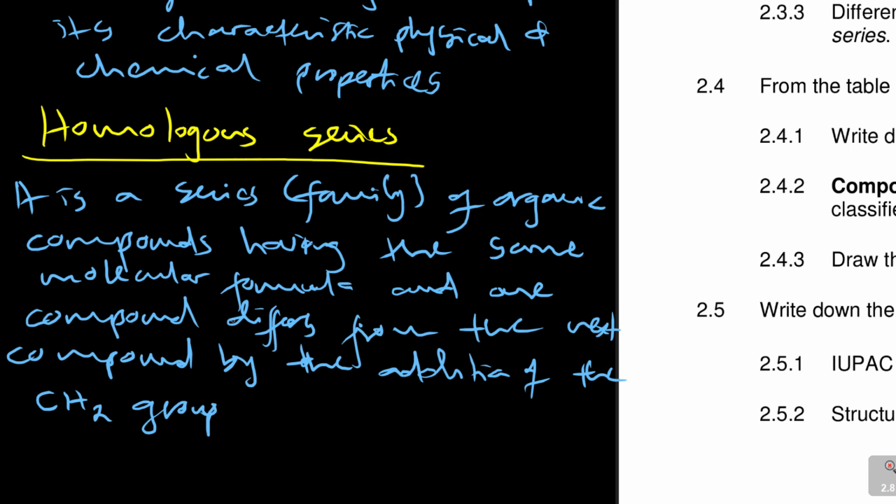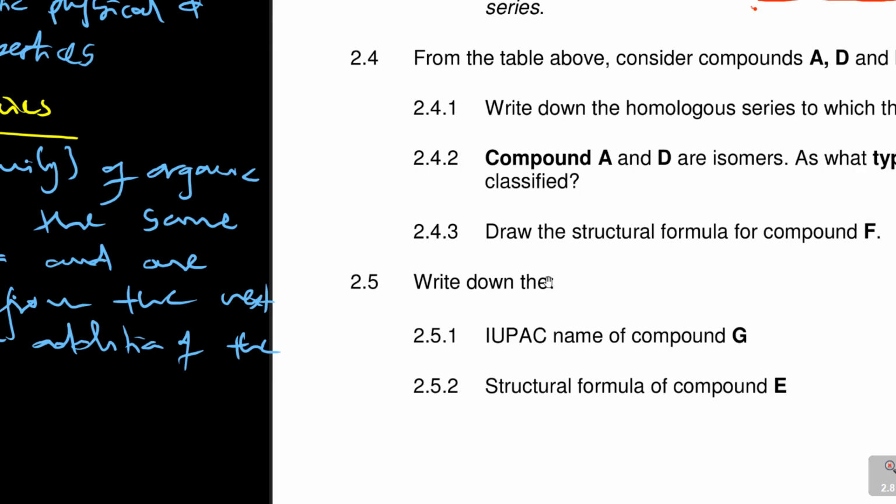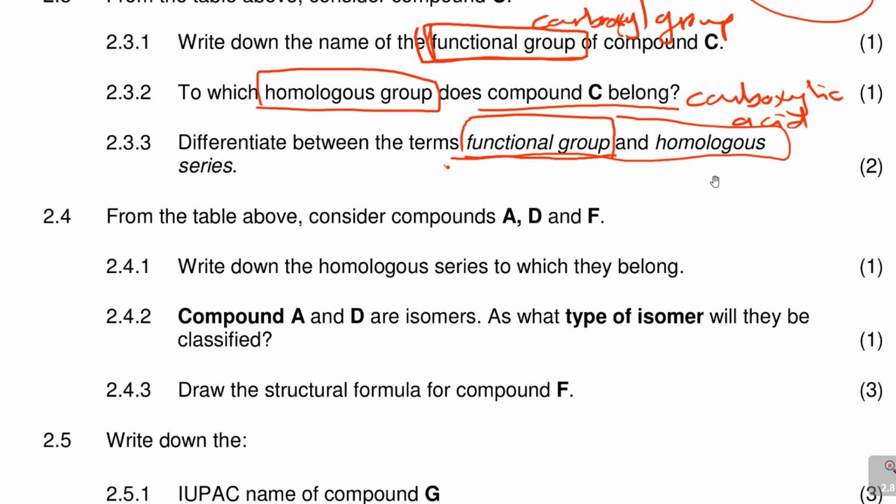That's the main part. A series or family of organic compounds having the same molecular formula, and one compound differs from the next compound by the addition of the CH2 group. So guys, that was very important for you, as I say, textbook will work here, 2 marks.